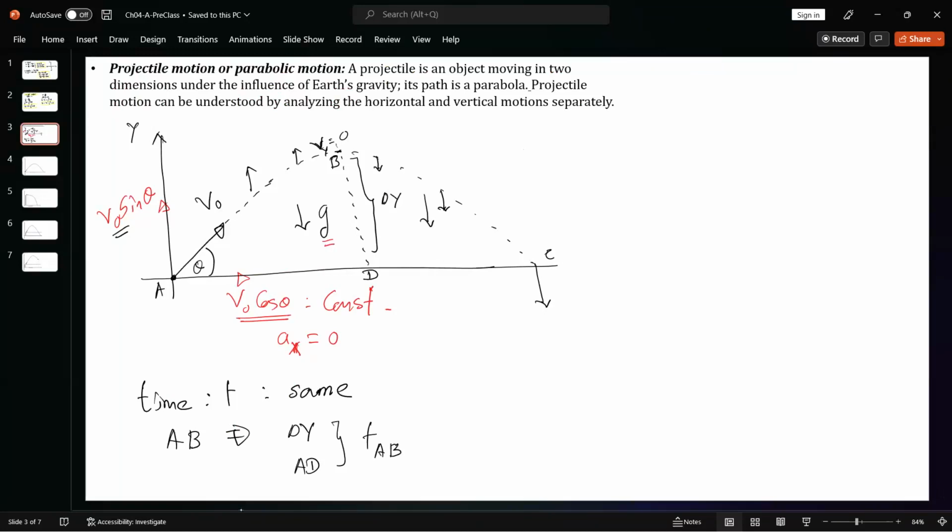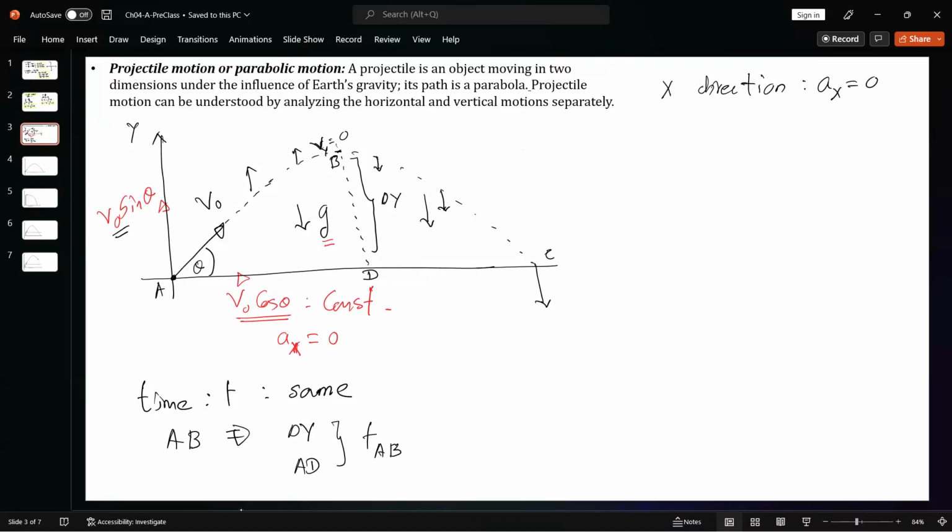Since the time remains constant, I can connect the two motions together by using the time values, and then I can apply the linear equations simultaneously on the x-axis and y-axis. Okay. Now, if I want to study this, let's take a look at the x direction motion first. If I look at the x direction, then we know whenever the object is in the air, acceleration along the x direction becomes 0.